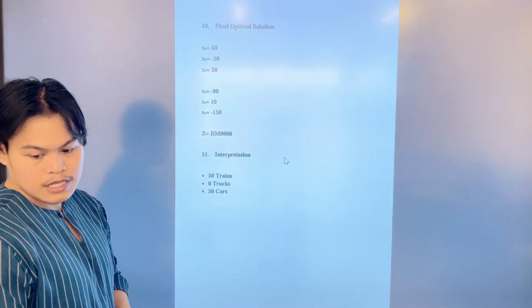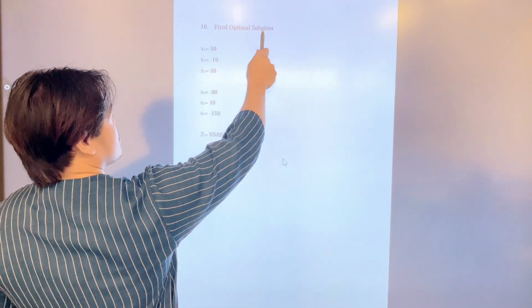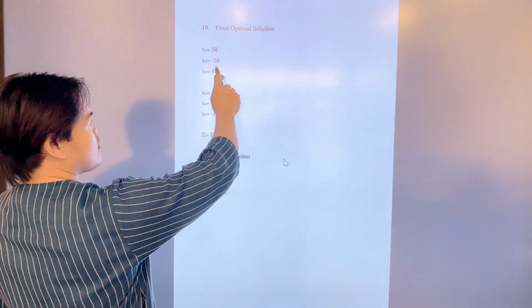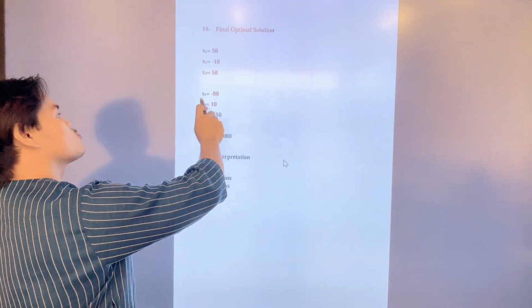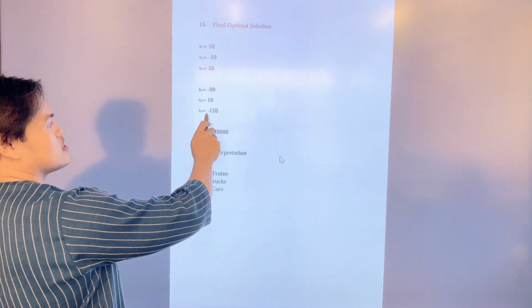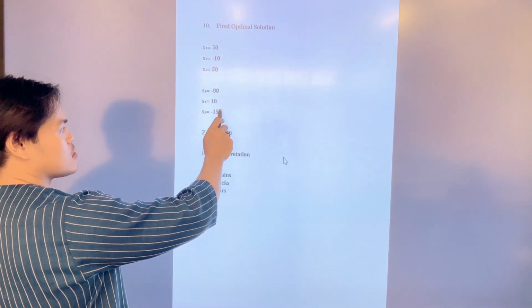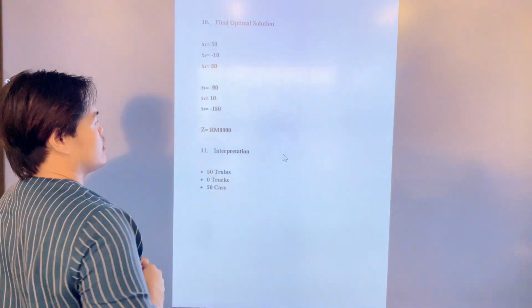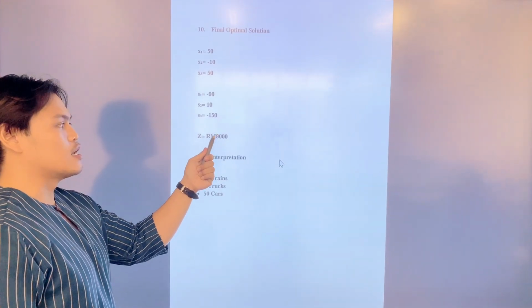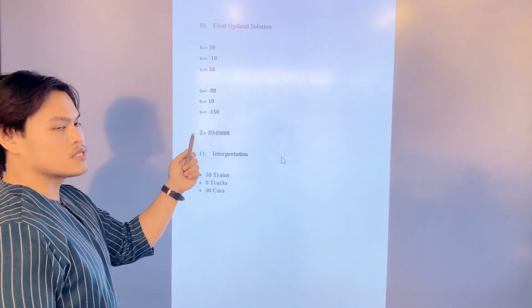Then for the final optimum, we can see x1 is 50, x2 is 0, x3 is 50, and S1 is negative 90, S2 is 10, S3 is negative 150, and then Z is already 9,000.